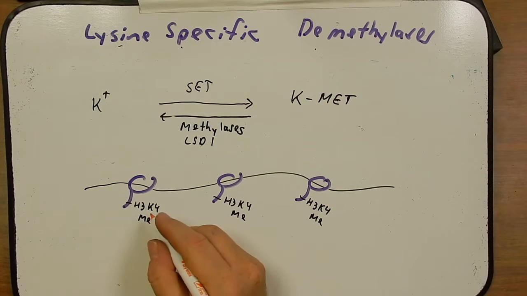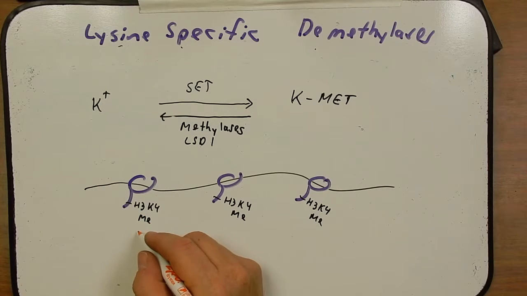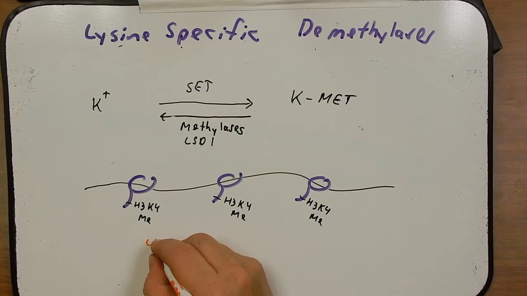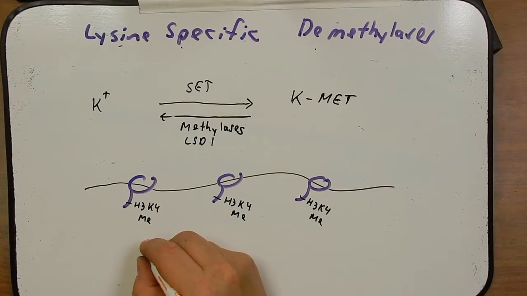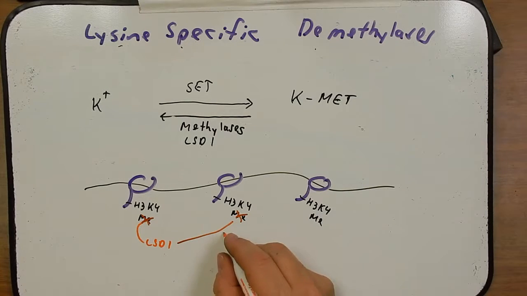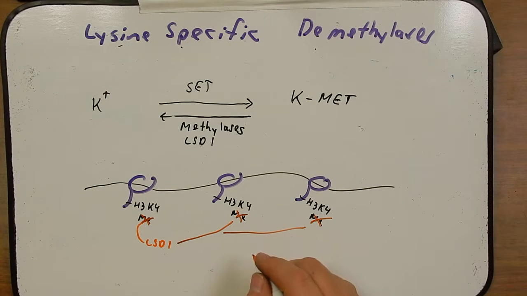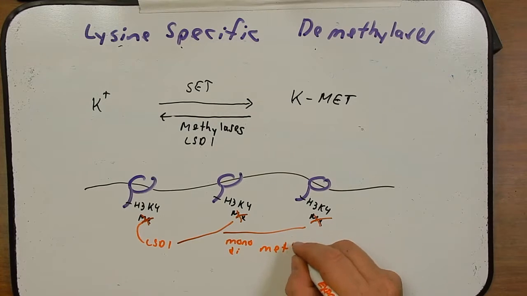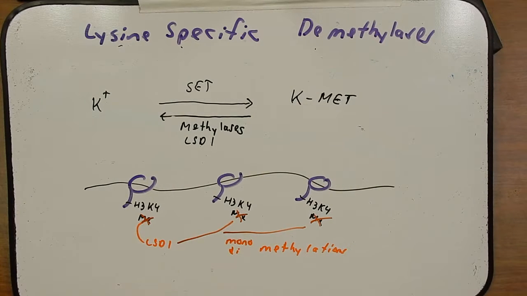So if we wanted to turn off gene transcription, one way that we could begin to set that stage is that this LSD1 enzyme can remove these methyl groups. Now, interestingly, it can only remove mono or dimethylations. It can't remove a trimethylation. Another enzyme would have to be involved in removing the trimethylation.